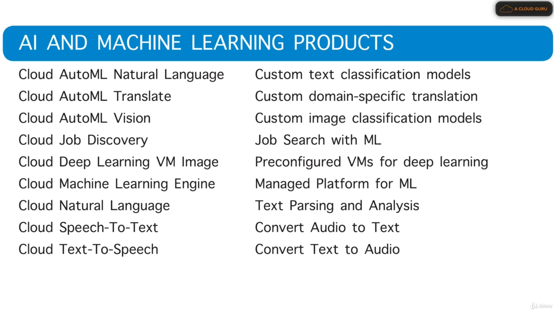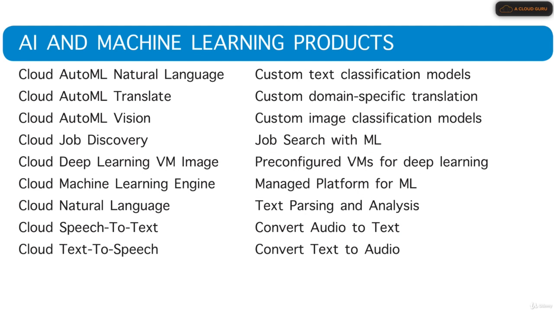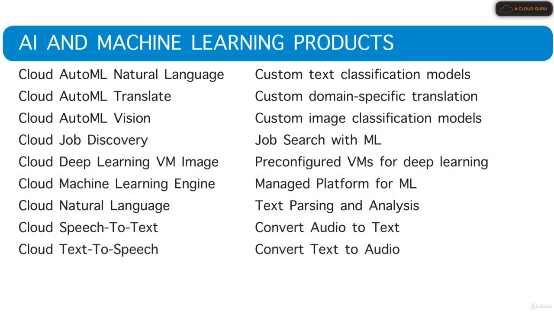Or if you want to get even more manual, the Cloud Deep Learning VM image is a pre-configured virtual machine for deep learning, so you would run that image as a compute engine instance. In the middle of the spectrum, though, we have the Cloud AutoML products, where the basic machine learning models are set up, but you can train them on your organization's own set of data, whether those be text documents or images or translations or what have you.